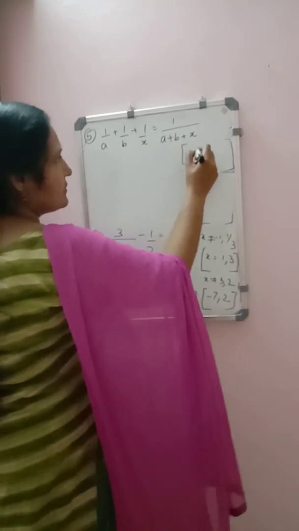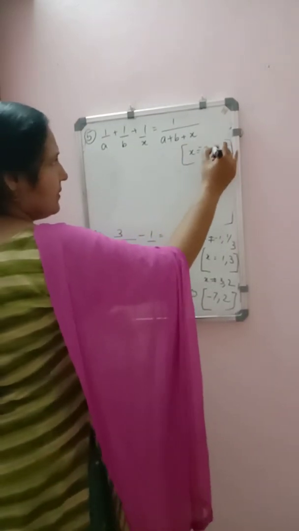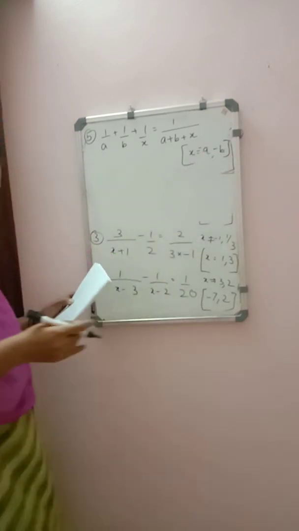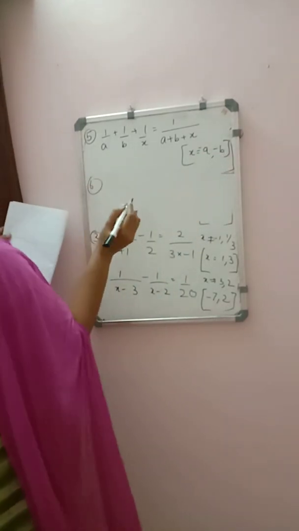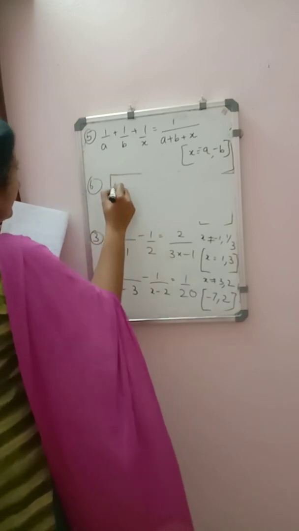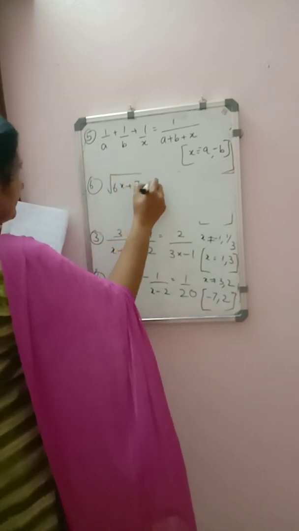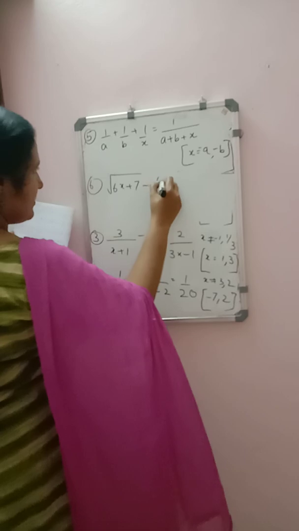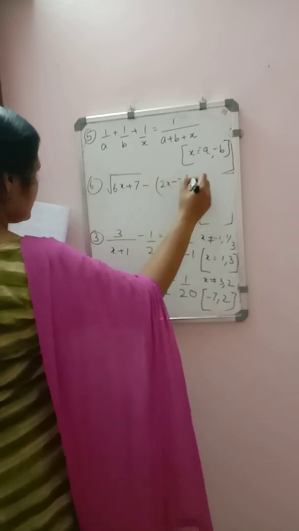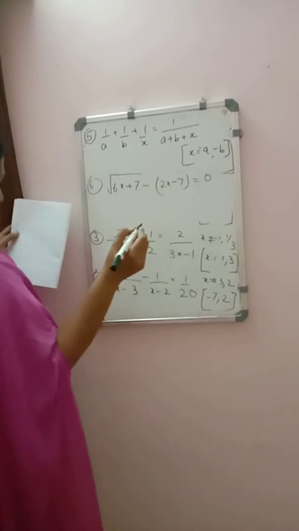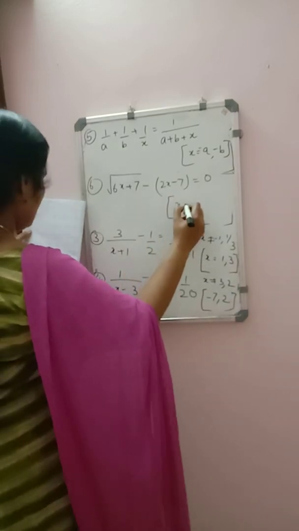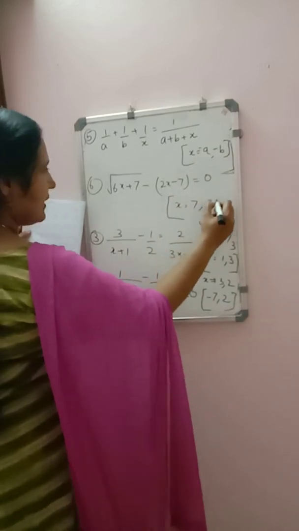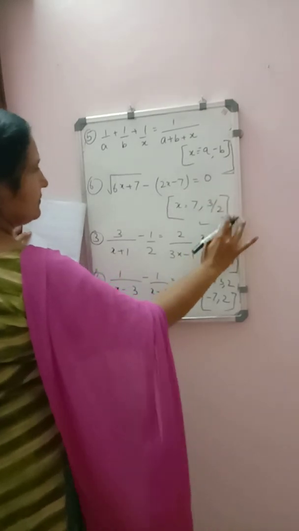And the answer to this question is x is equal to minus a and minus b. The last question is square root of 6x plus 7, minus, inside the bracket, 2x minus 7 equal to 0. Answer is x is equal to 7 and 3 by 2.